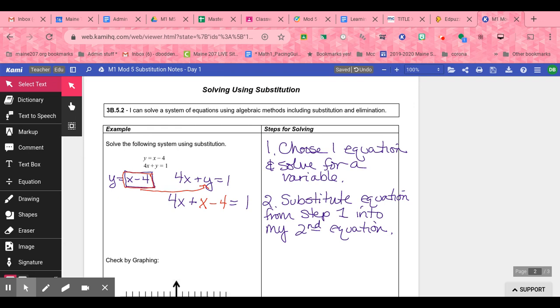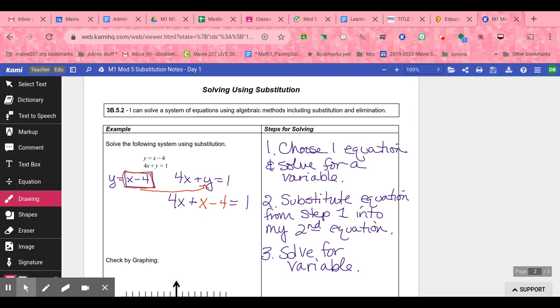And now my next step, my third step, you should end up with one equation, which I have right here, that only has one variable in it, which is perfect. Then what I'm going to do for my third step is I'm going to solve for that variable.